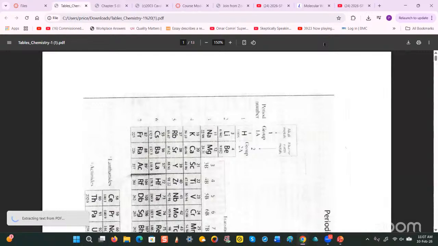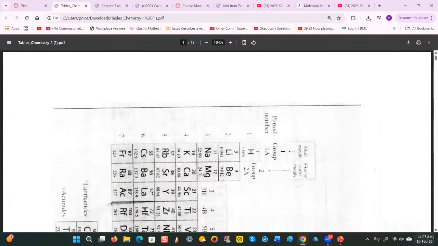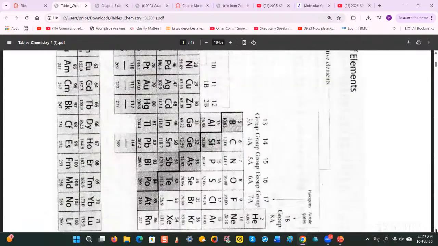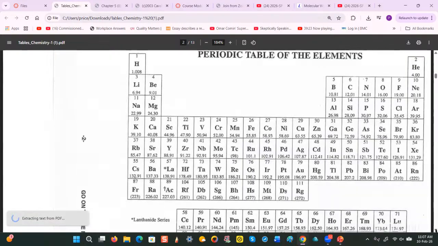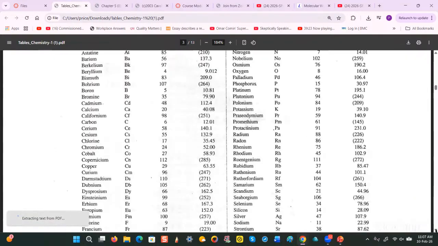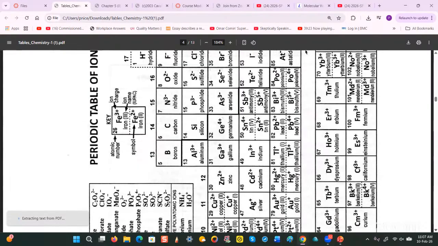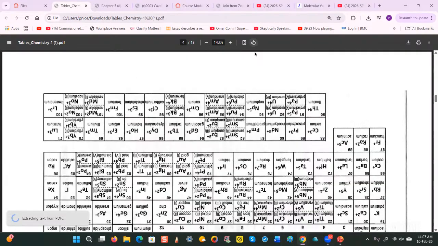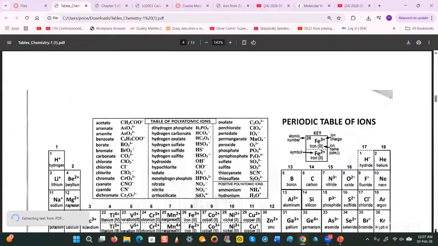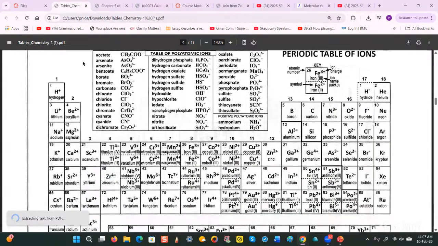In putting together this table, I've included 3 pages which contain lists of common ions. Let me turn it around so that you can see. This gives you a list of the common monatomic ions in the periodic table version here, and then we have some common polyatomic ions here.